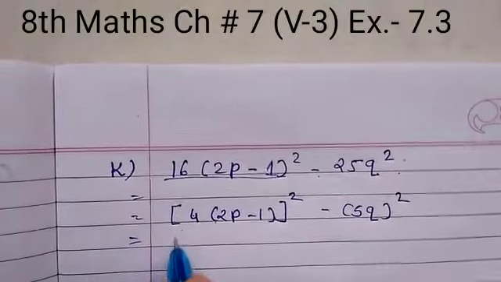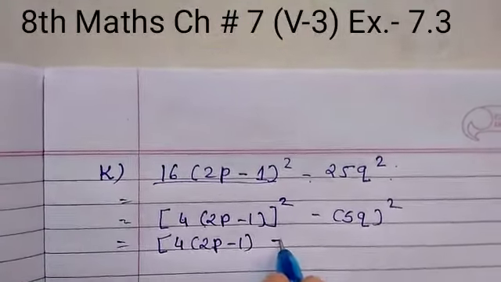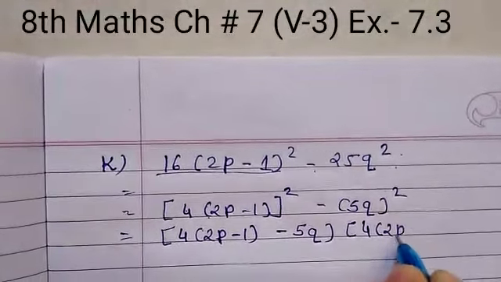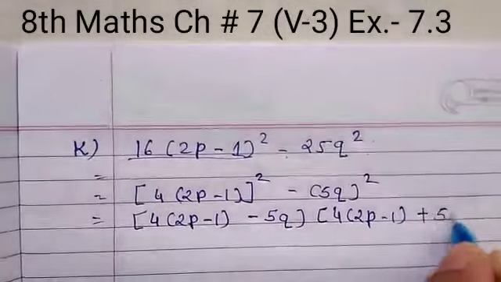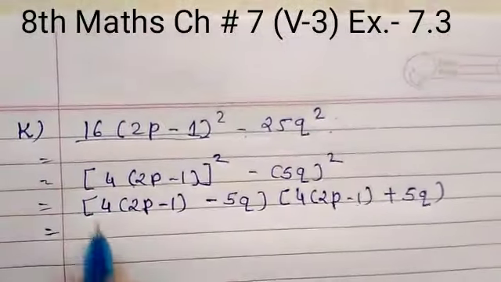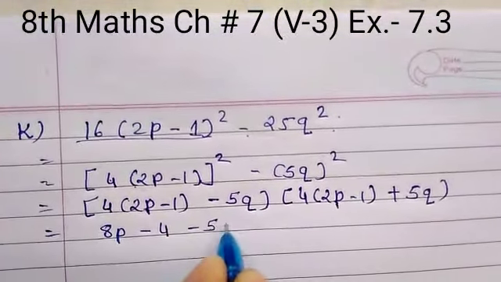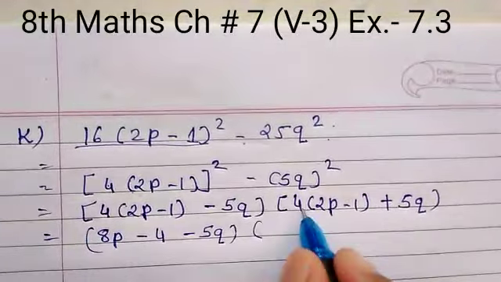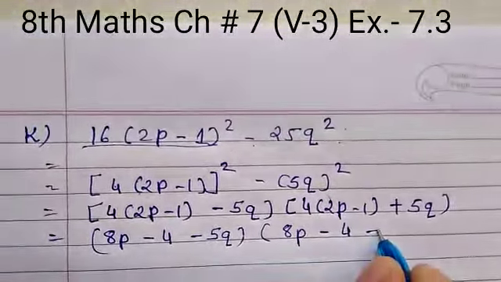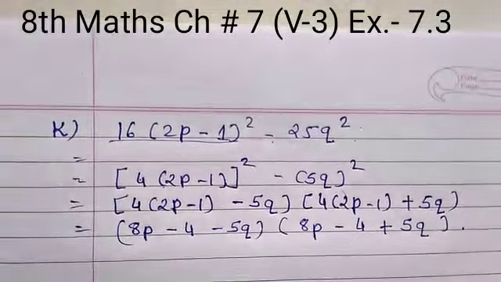So we can write (4(2p − 1) − 5q)(4(2p − 1) + 5q). Now we will multiply 4 with this: 4 2s are 8p − 4 − 5q in one bracket, in the second 8p − 4 + 5q. That is our final answer.